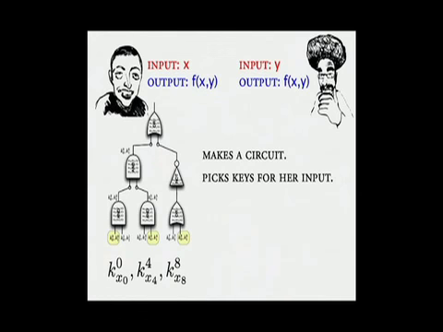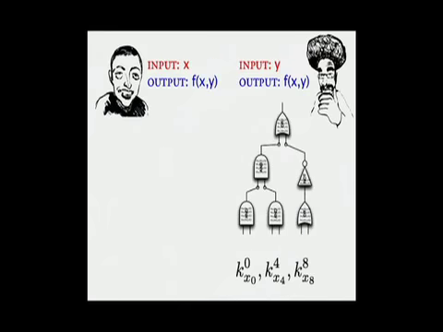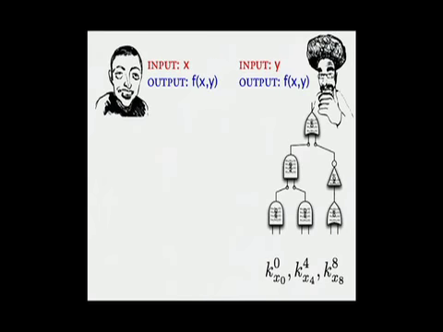Whatever those input bits are, those are the keys that I'm going to send, and I'm going to erase all the other intermediate values. And I'm going to send that over to Bob. Bob has a circuit and Alice's input. All Bob has to do now is get the keys corresponding to his own input, and then he could evaluate the circuit.